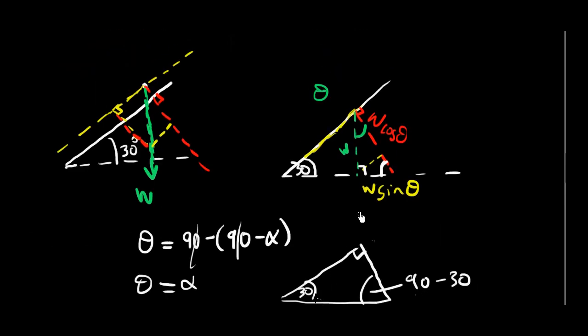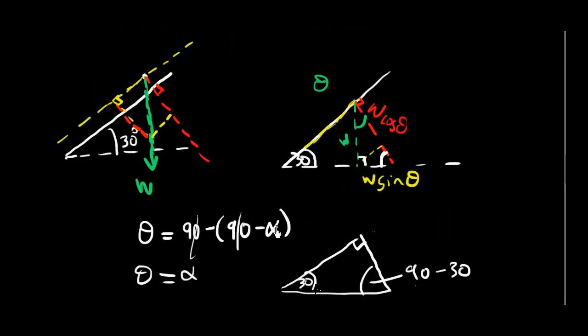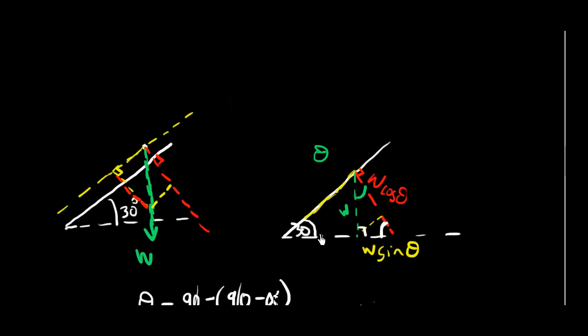So in other words, the answer to this question you could just write, and once you do a lot of practice with these, you can write them straight away, and it's very easy. You can say that the component of the weight down the slope is just going to be W sine 30, because that there will also be 30, and the sine of 30 is this guy here, which is the opposite, so that's the one that goes down this way.